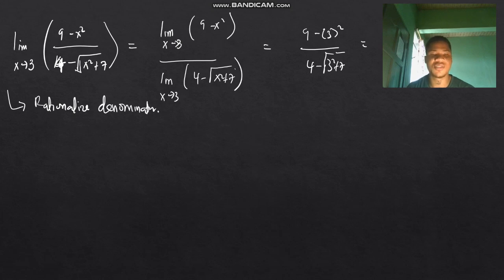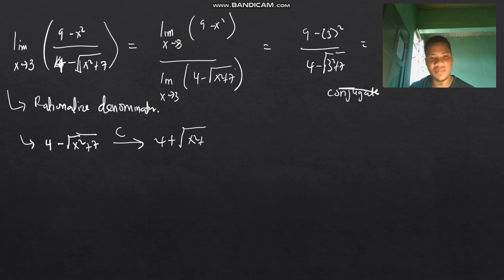To rationalize the denominator, we'll find the conjugate of the denominator, 4 minus the square root of x squared plus 7. This conjugate will give us 4 plus the square root of x squared plus 7.